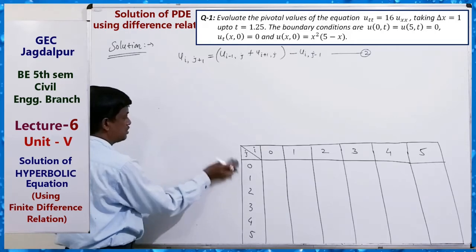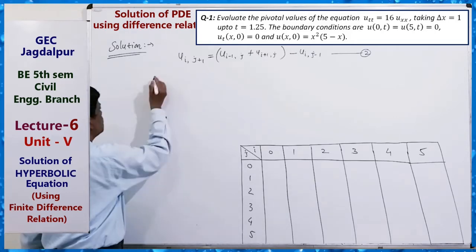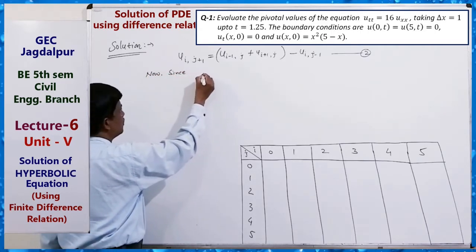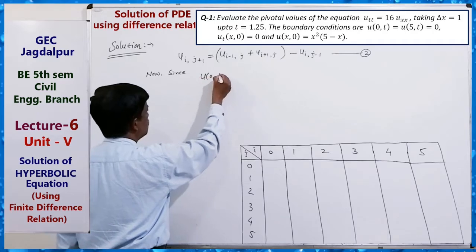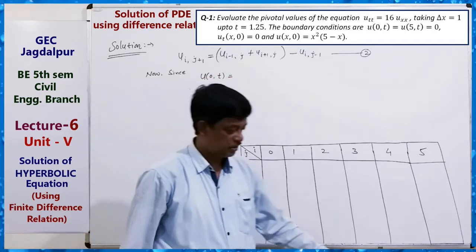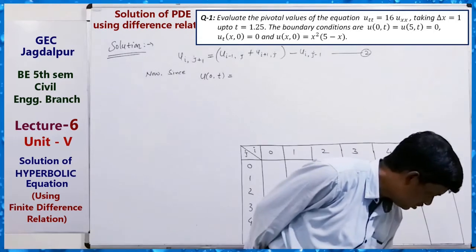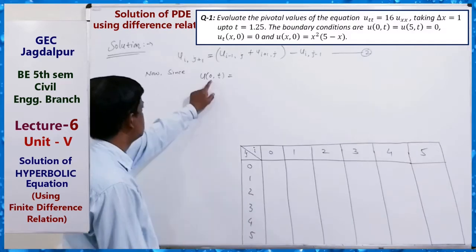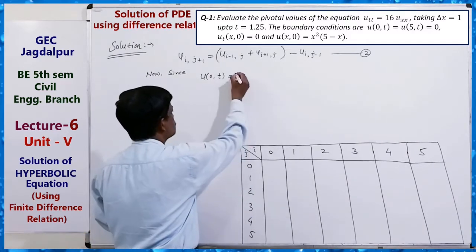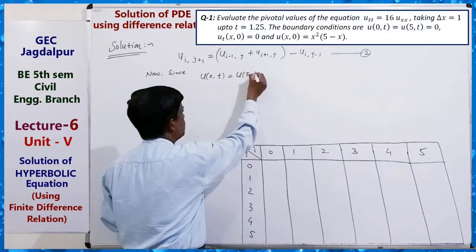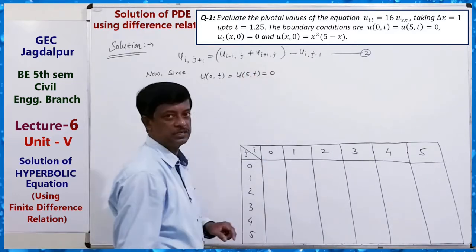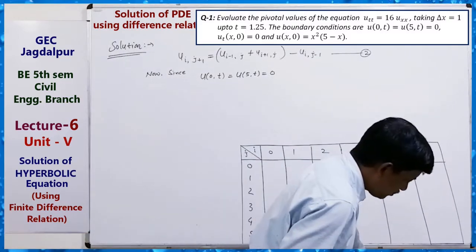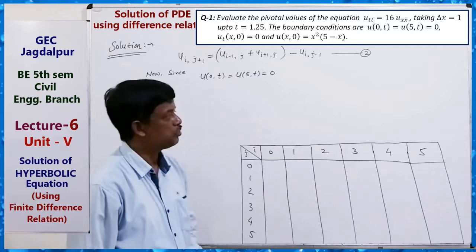Now one by one, consider the conditions. Since u 0 t and 5 t equal 0, just see here, 0 t equals 5 t equals 0. This is the boundary condition, x from 0 to 5.